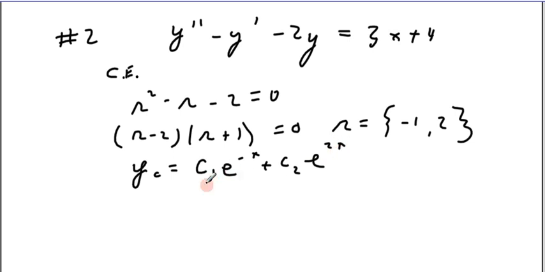Now, the reason I did that is because if any of these guys exist in the forcing function, then I'm going to have to do something different than what I'm doing. And they don't, so everything is fine.